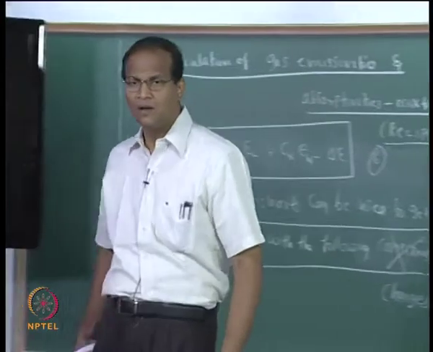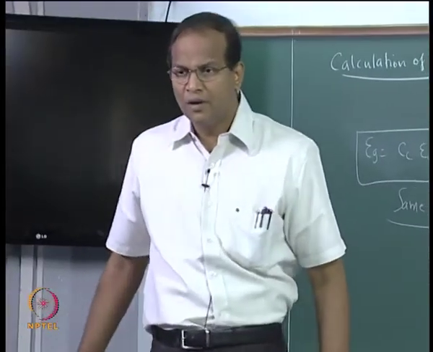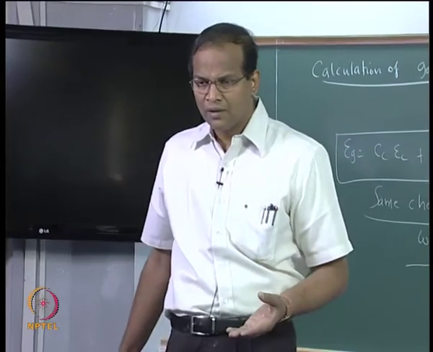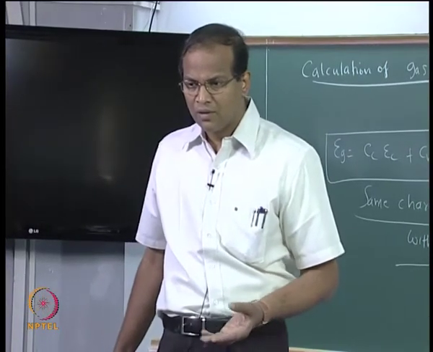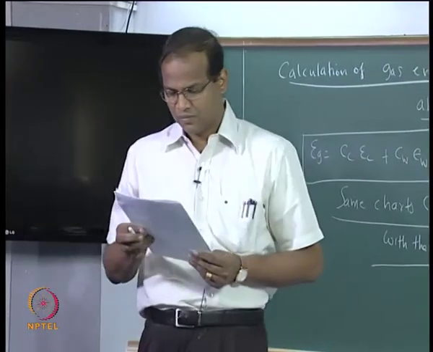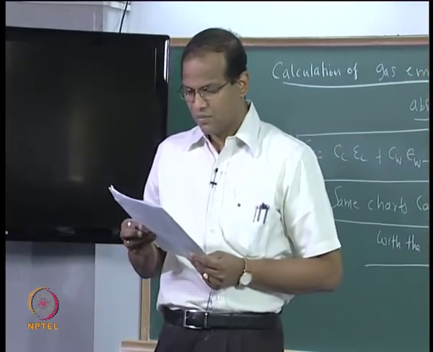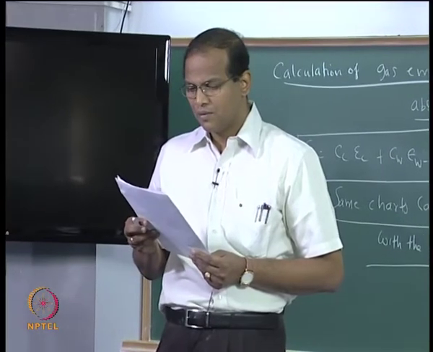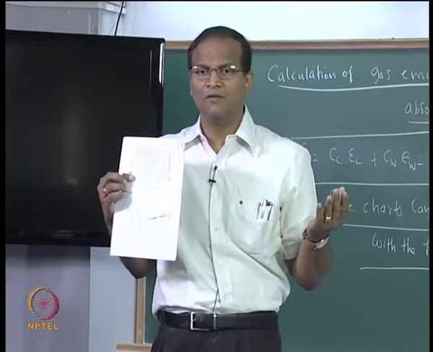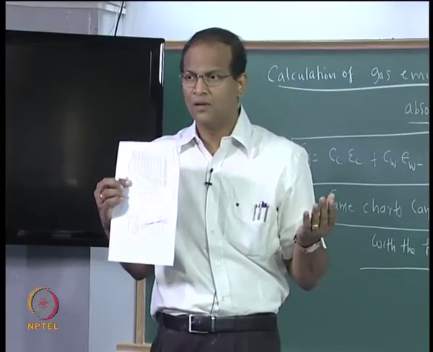Which is point? You are not getting, why, what are you getting? Yeah, I am 0.13, how many of you did not get? Everybody has got. What are you getting?